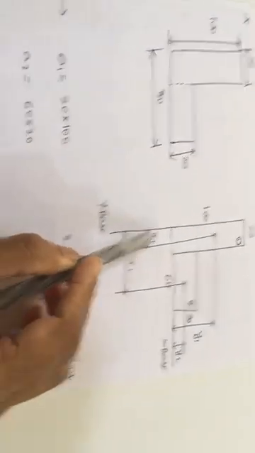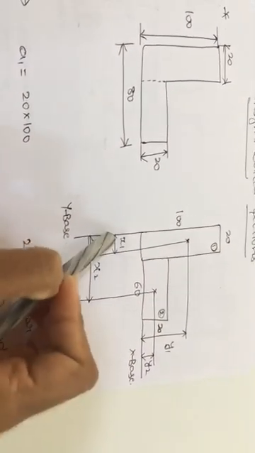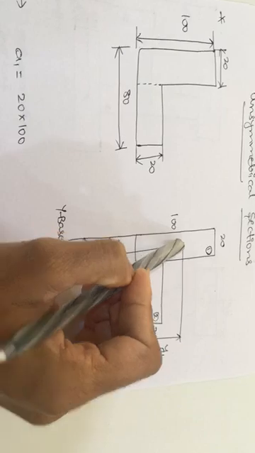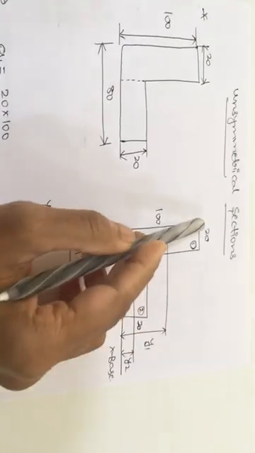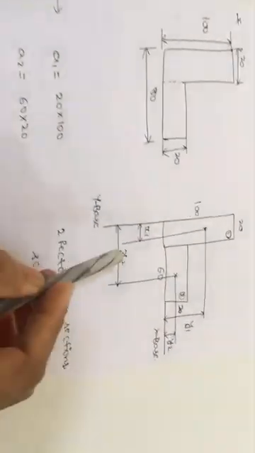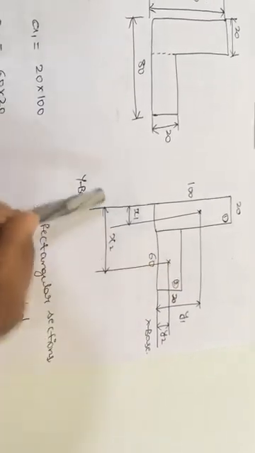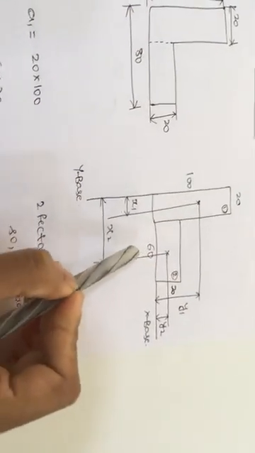Next, the x bar formula is B by 2. So x bar for the first section is the distance from the centroid to the y base. What is the base value for the first section? 20. So 20 by 2. Next, x2 for the second section, centroid to the y base. What is the formula?